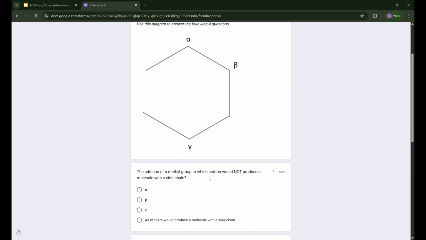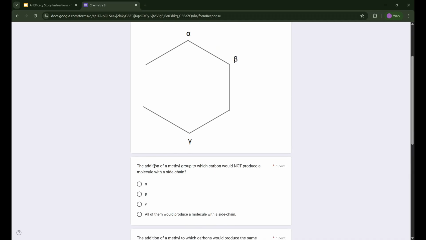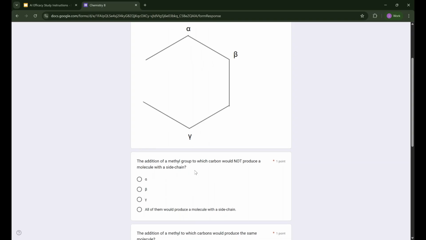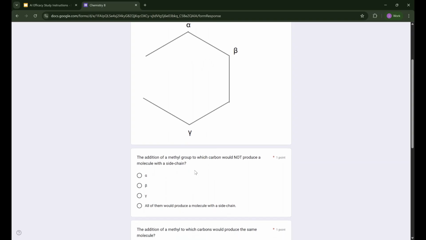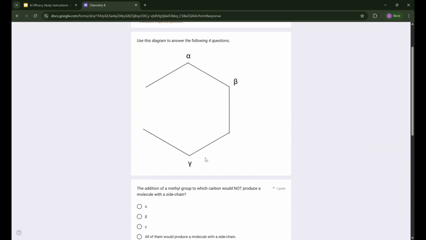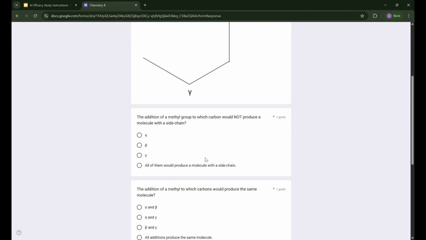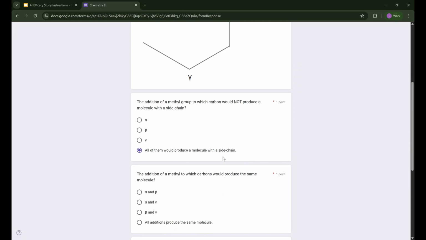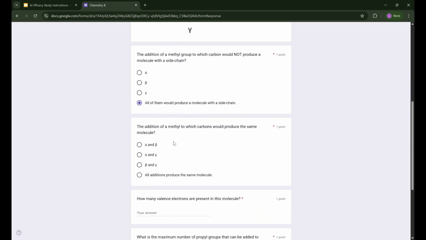The addition of a methyl group to which carbon would not produce a molecule with a side chain. Oh, it should be A or Y, I think. Or maybe all of them. The addition of a methyl to which carbons would produce the same molecule.